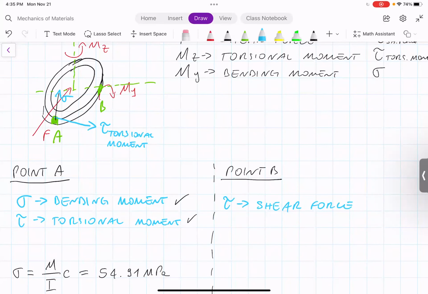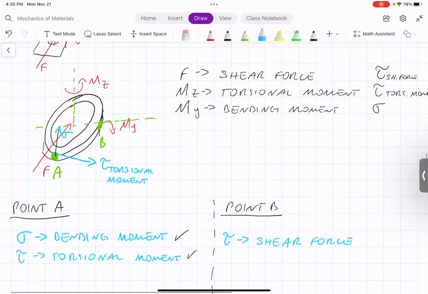And then also we have to look at the effect of the torsional moment. So here we have this torsional moment, and we know that all the points on the edge of the cross section are influenced by this torsional moment. So basically, we have a double effect in terms of stress.